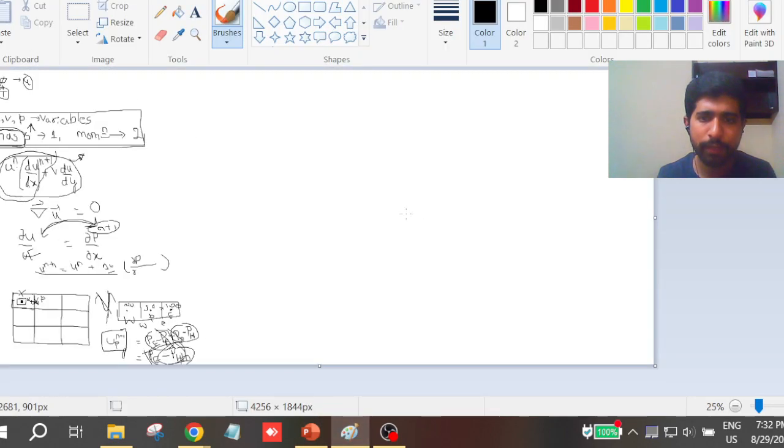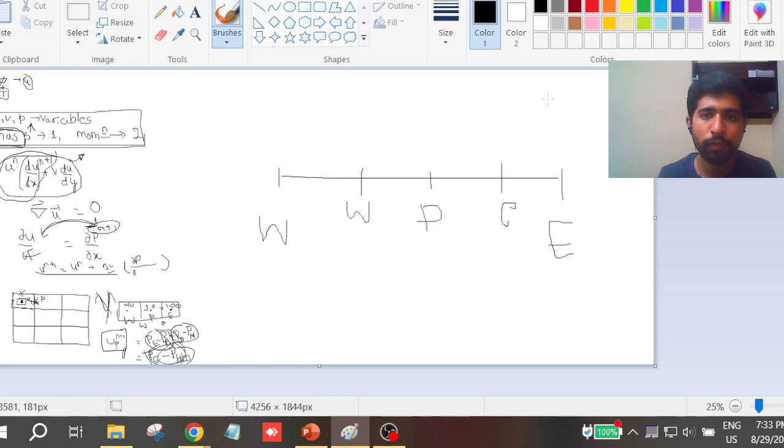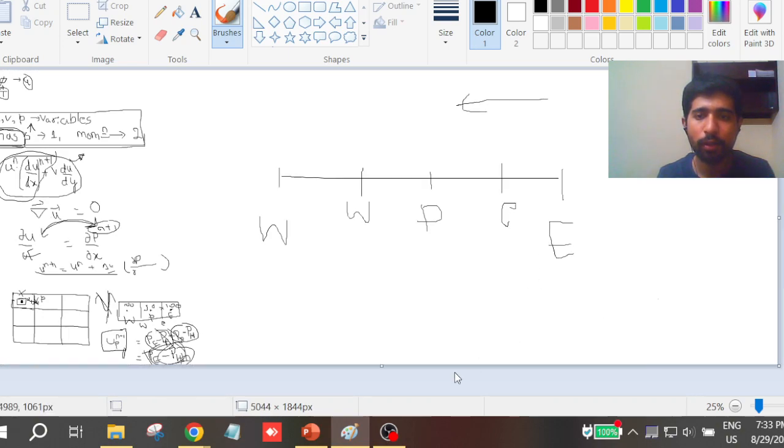So what they are basically telling is that this is W, this is E, this is P, this is capital W. Now the flow is in negative x direction. So what will happen in this case is that our upstreams are a little different here.